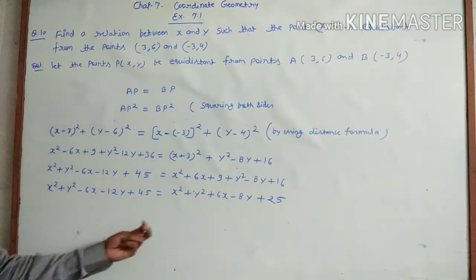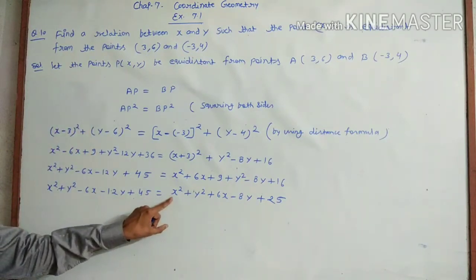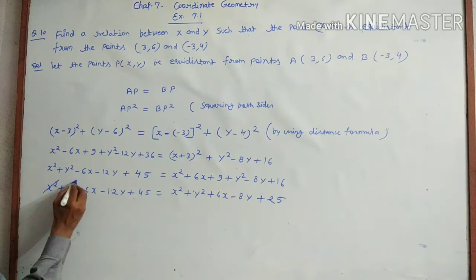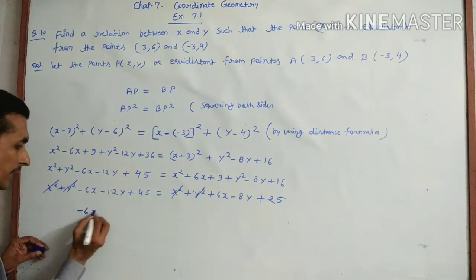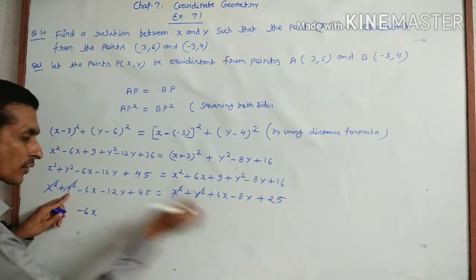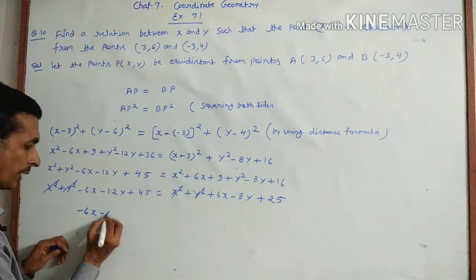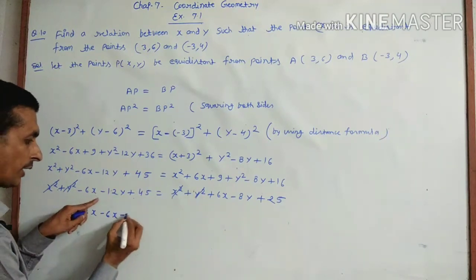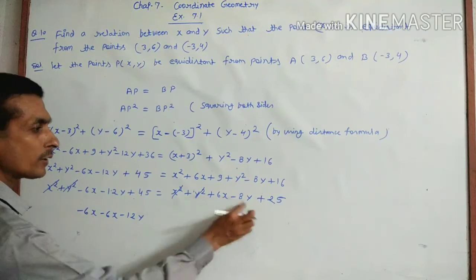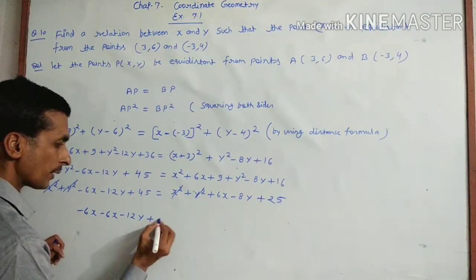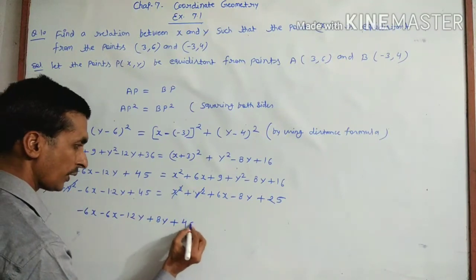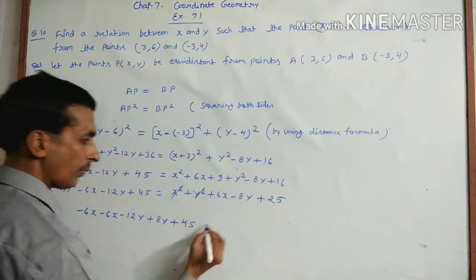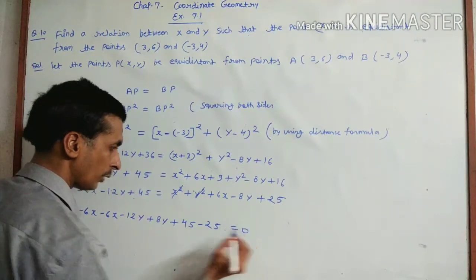So both sides we have x square with the same sign, so you can cancel, and y square also cancels. So we have minus 6x as it is, and 6x you can transfer to the left hand side, so plus converts to minus. So minus 6x, minus 12y as it is, and this minus 8y comes to the left hand side, so plus 8y. Plus 45 as it is, and minus 25 equal to 0.